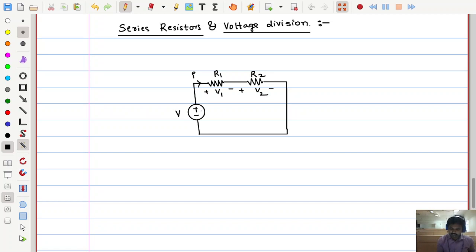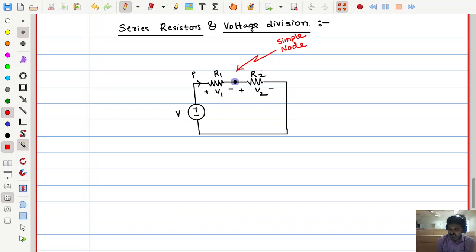For this, let us consider a voltage source of V and resistances R1 and R2, where R1 and R2 are connected in series. Try to observe here, there is a junction point which is connecting these two elements. That junction point is the node, and if you observe carefully, this node is connecting only two elements.